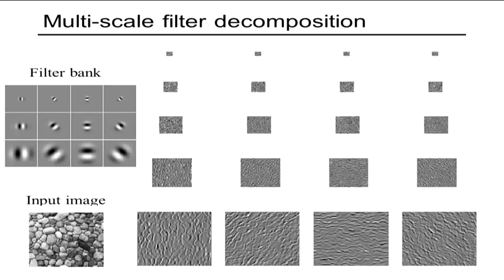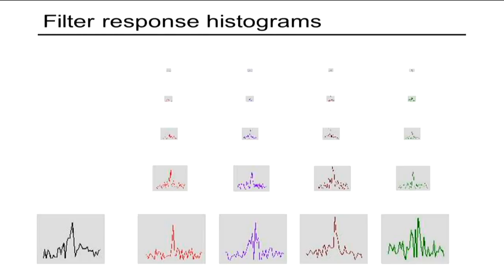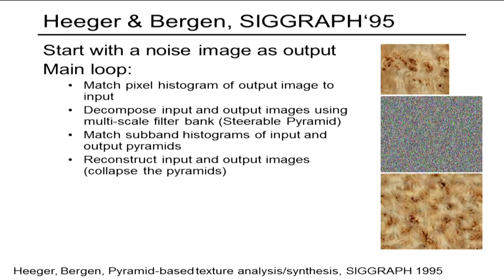We talked about computing histograms of all the filter response images, and then we showed that that information is enough to synthesize, given a texture, a novel texture that has the same distribution but is completely different from this texture, this problem of texture synthesis.